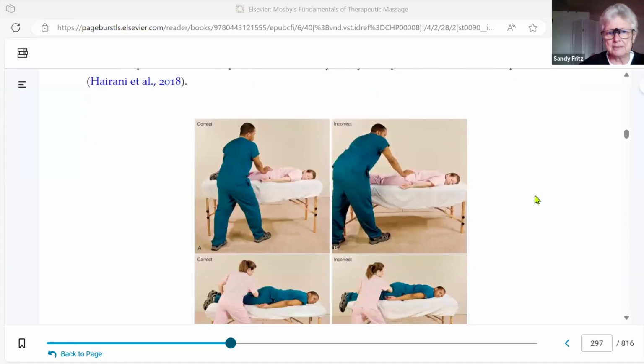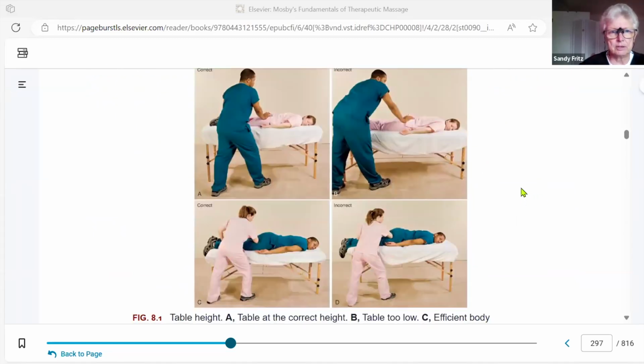So this gives you some picture examples here. The table height here for use of the hand is about right, but it's too low in this figure. And then for use of the forearm, this picture is about right, but this one would be too high.